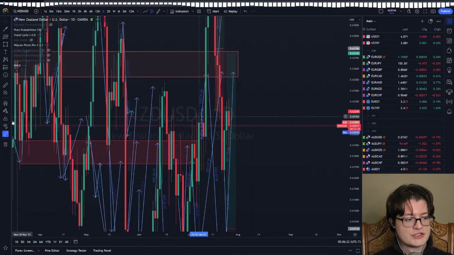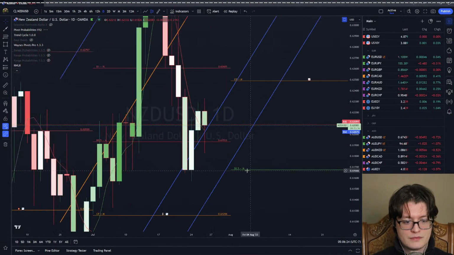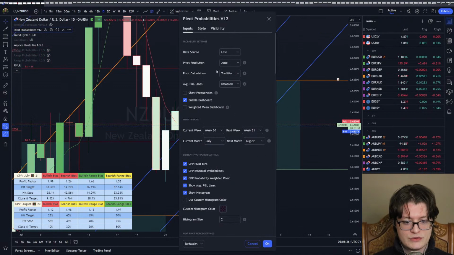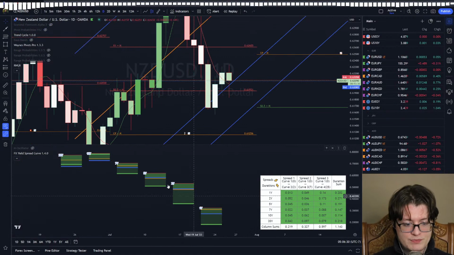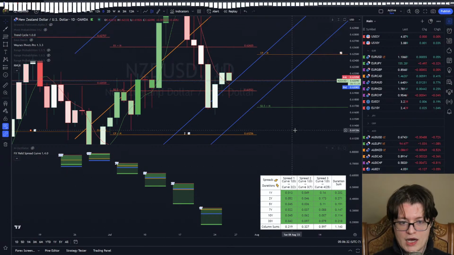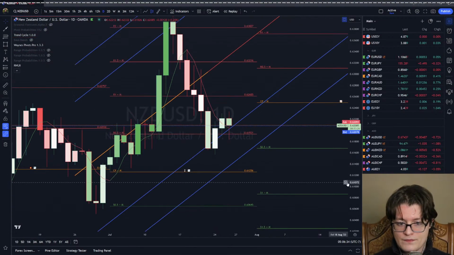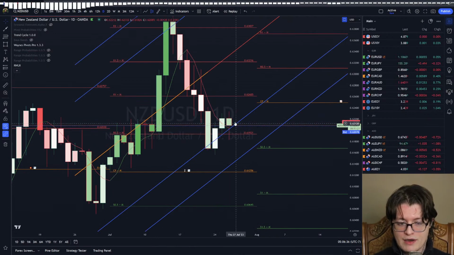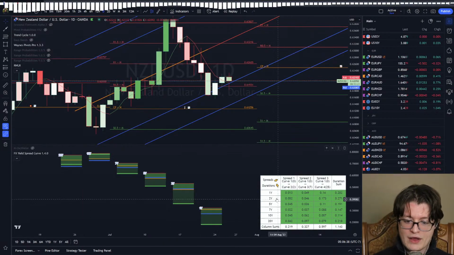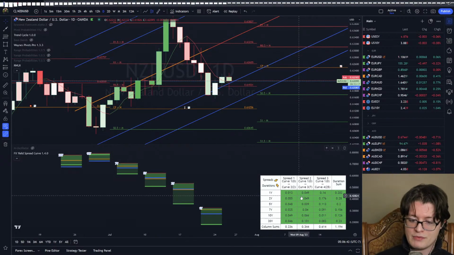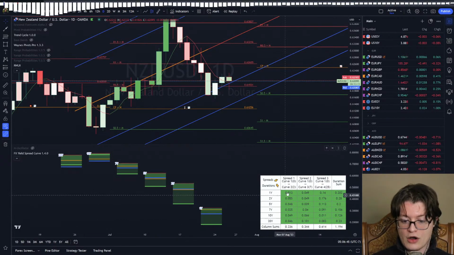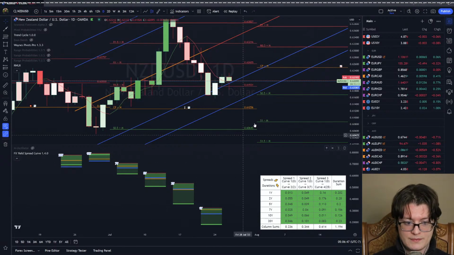Real quick, though, let's check out the yield spreads on this. The yield spreads are all positive. And this is another reason why I got out on this, is that not only are the long-term yield spreads still moving positively, but the short-term ones are also increasing.